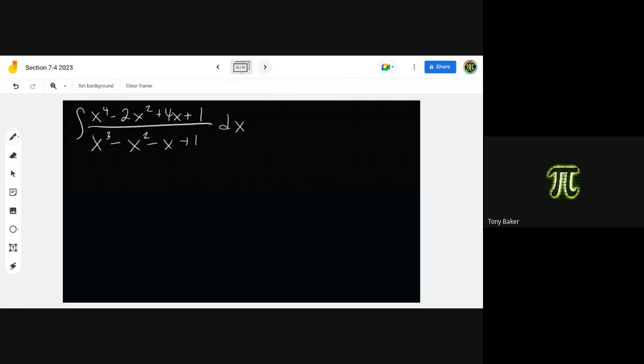Is the bottom lower than the top? The top is bigger than the bottom. So we have to do what? We have to do long division. So do long division for this one.